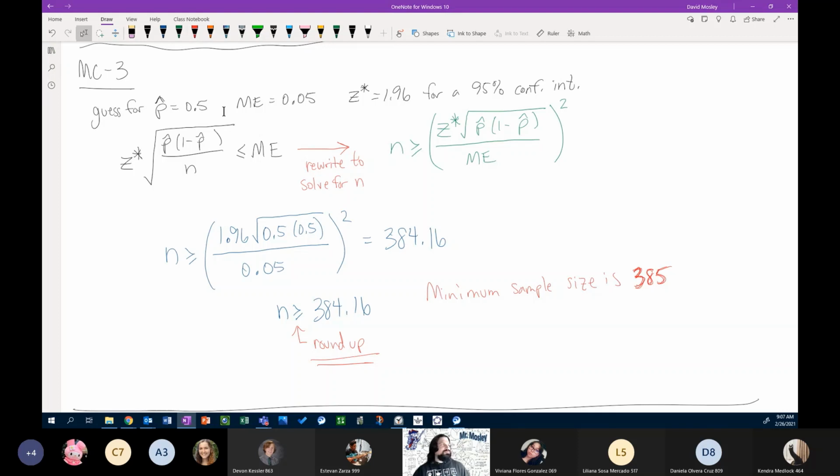So that's what we're going to do in this scenario. The margin of error we're looking for is 0.05.